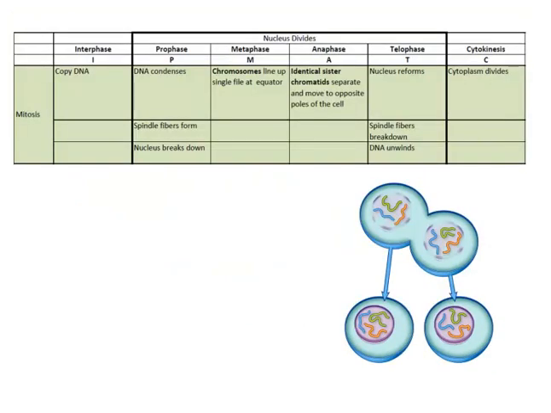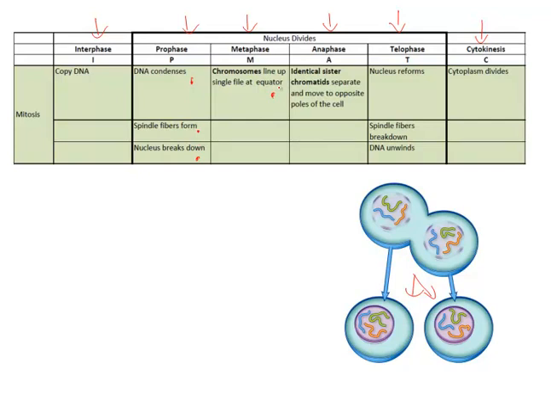So we need to add that to our chart. So now we've got cytokinesis, where the cytoplasm divides. We go from our telophase into two separate cells. So we started with interphase, copy the DNA. In prophase, metaphase, anaphase, and telophase, we carefully divide out the DNA by wrapping up and protecting it, forming spindle fibers that will help it move, and getting rid of the nucleus so we can attach the spindle fibers.